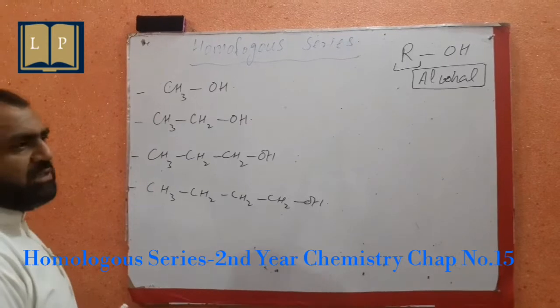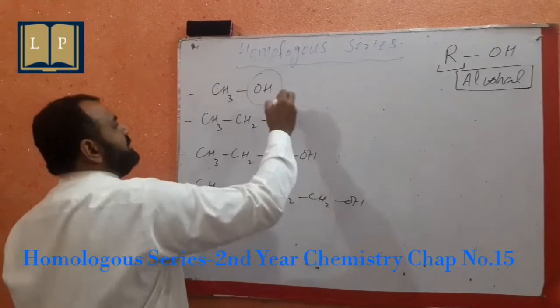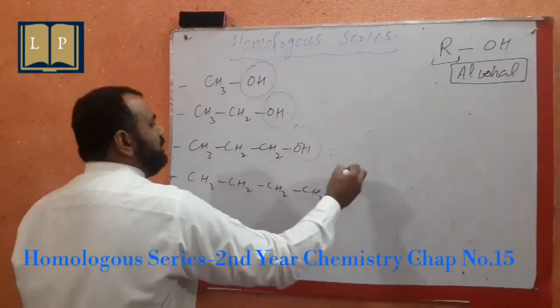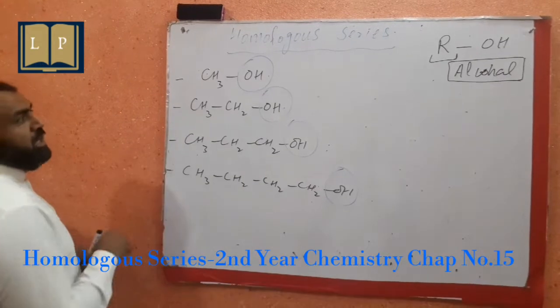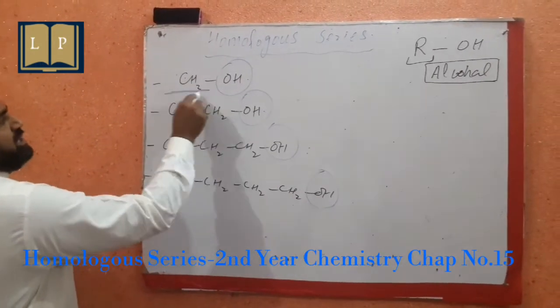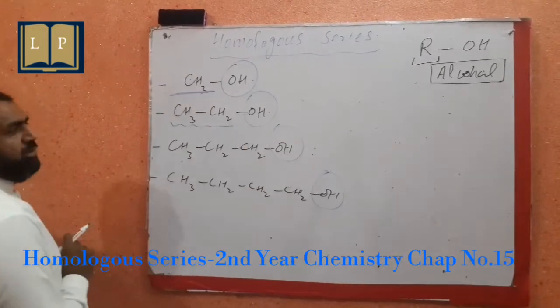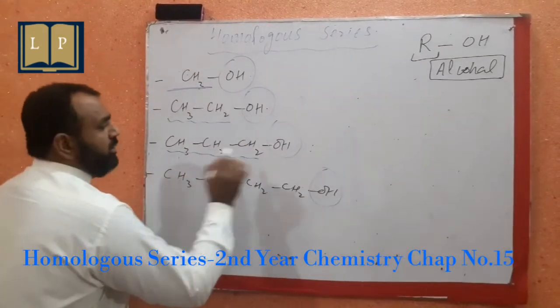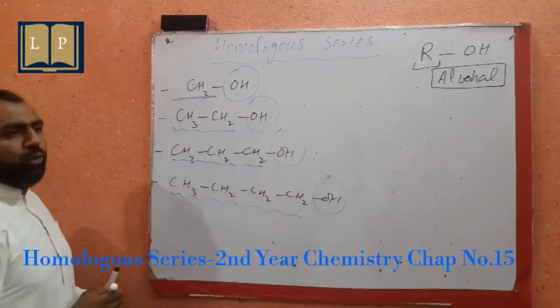Now look at these structures. One thing is very common, that they all have a common functional group, that is the hydroxyl group. But the varied portion is the hydrocarbon portion. In the first compound we have 1 carbon atom, in the second compound we have 2 carbon atoms, in the third compound we have 3 carbon atoms, and in the fourth compound we have 4 carbon atoms.